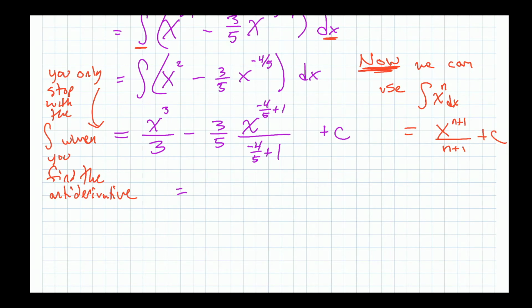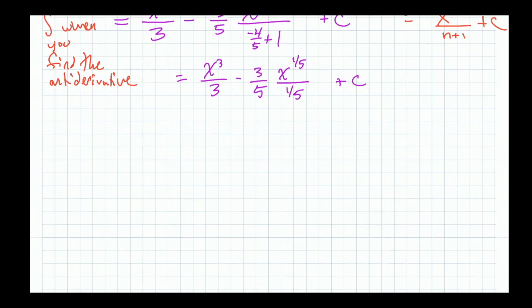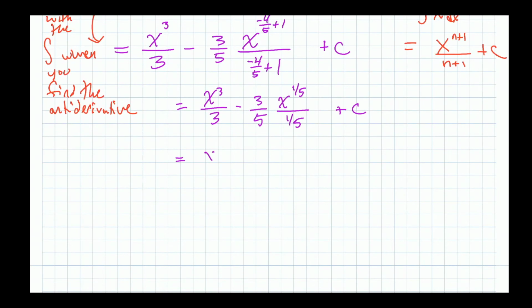And what are we going to get here? x to the 3 over 3 minus 3/5 x. Okay, well, what are we going to have? We've got negative 4/5 plus 1. Negative 4/5 plus 1 is going to be positive 1/5. And then we're going to divide by 1/5, like that. Since we're doing this all by hand here, I'll just finish this off by hand.